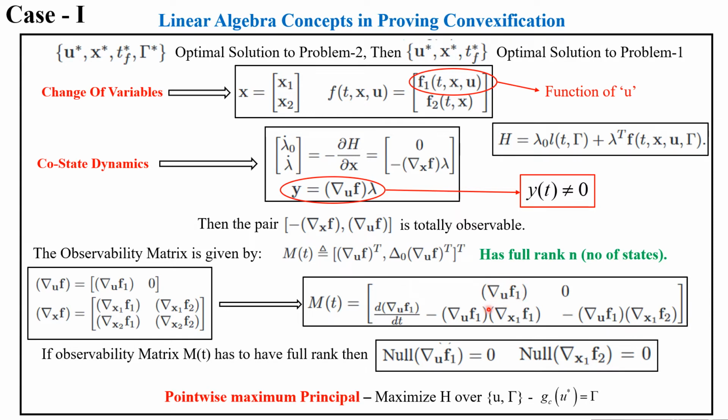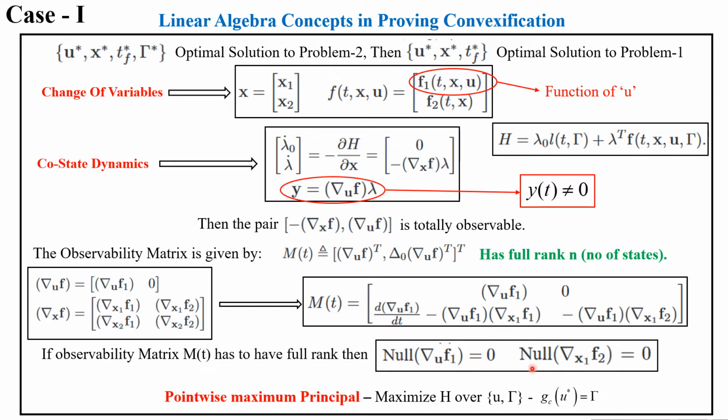That means the null space of del u f1 is trivial, that is, it should be 0 only. Then that means this has linearly independent columns. Similarly, the del x1 of f2 should also have full linearly independent columns. That's how the nullity will be 0. So these are the two primary conditions.